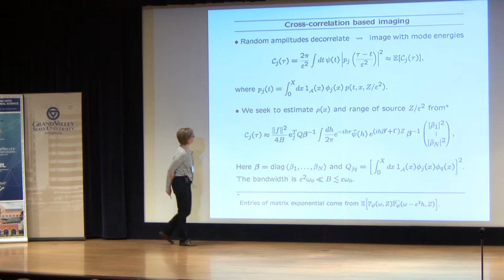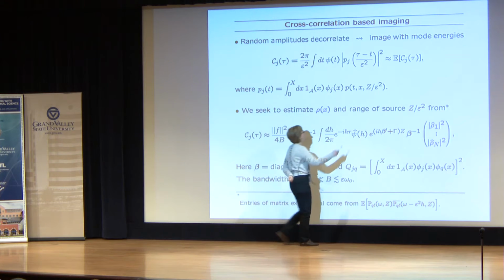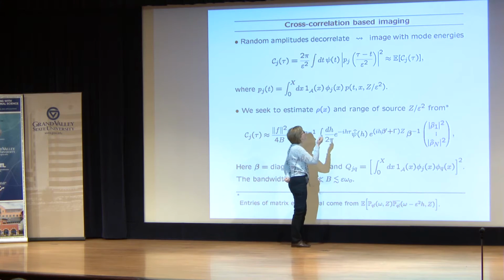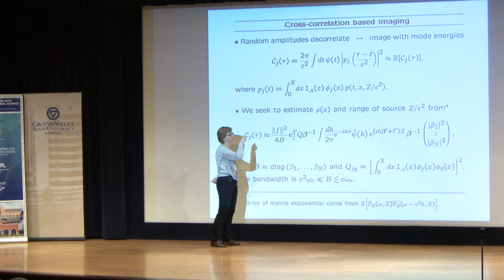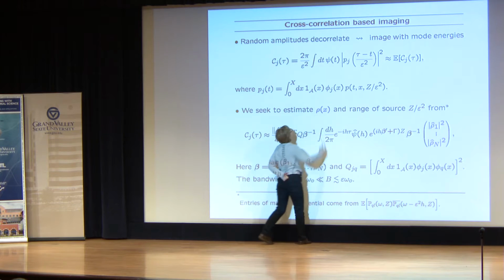You take the wave that you measure, which is this P, and then you resolve it over the modes, approximately only, because in general you don't have an array that spans the whole depth of the waveguide, and that is represented by this indicator function.